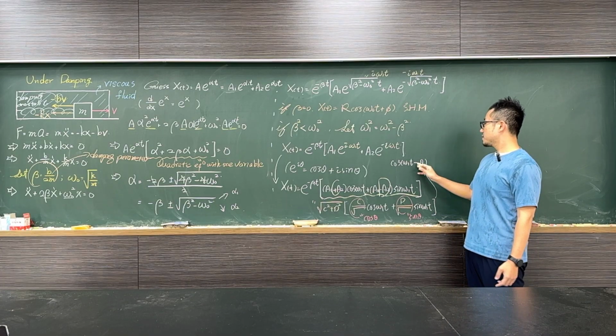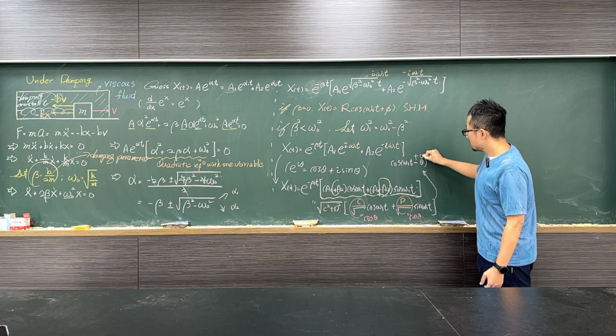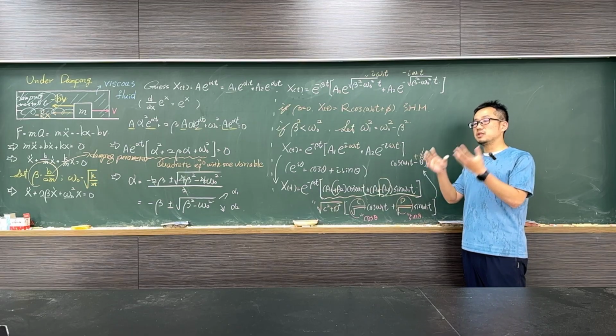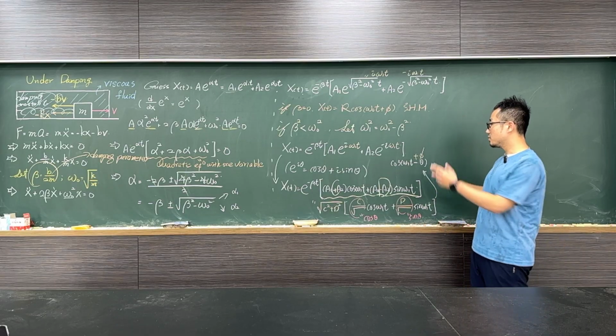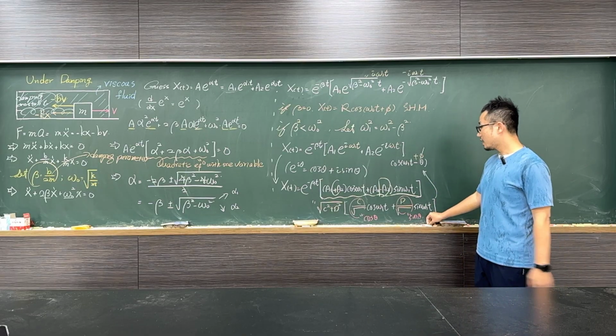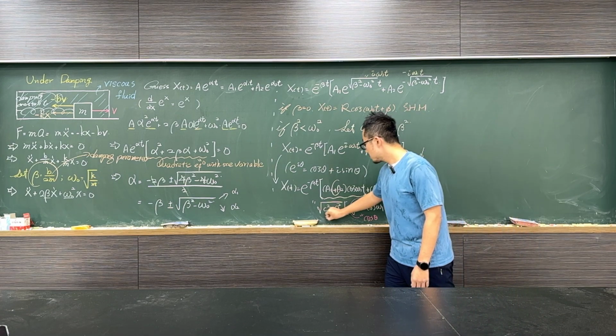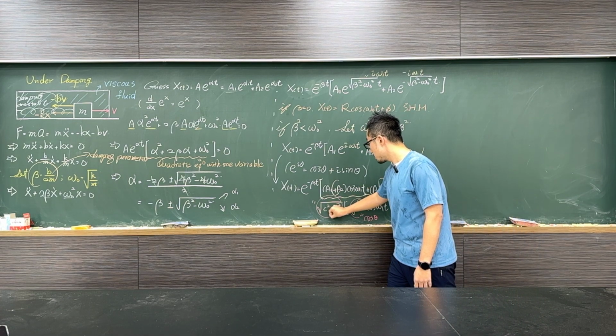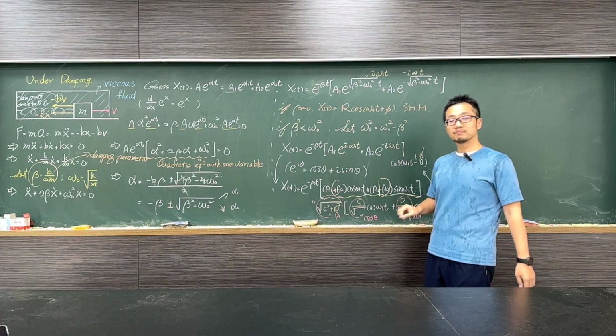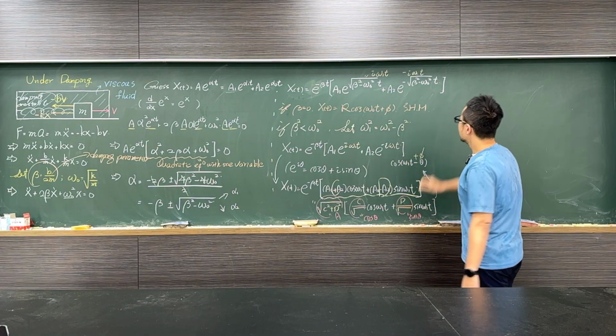It doesn't matter whether this is minus theta or plus, because it's just some kind of initial phase angle. I would like to use the phi symbol. I can even name this square root of C squared plus D squared as some kind of constant A.